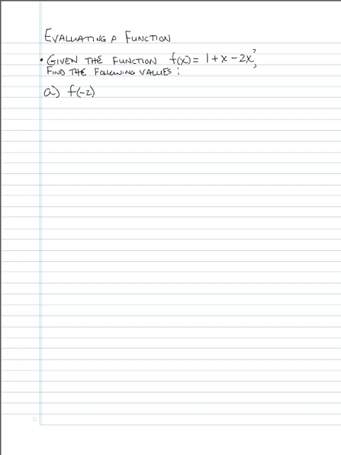But remember, what this really means is, what is y when x is negative 2? Because f of negative 2 represents y. Remember that. This represents y. That's a big deal. But what we would simply do is we put the negative 2 value in for the x's. The x, the negative 2, represents x.